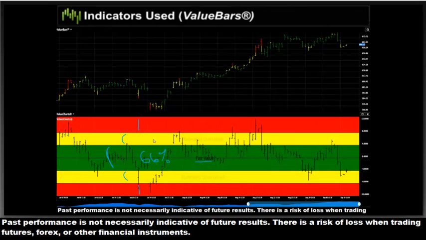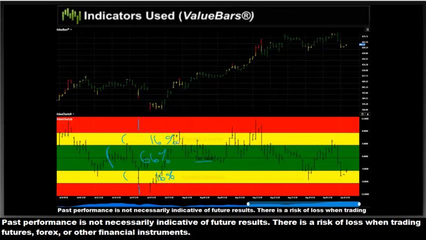Now, in the yellow value zones, up above here, in the moderately overvalued level, prices have been in this zone roughly 16% of the time. I apologize for my penmanship. It's hard to write with a mouse. And then concurrently, in the lower yellow value zone, prices are also in that zone roughly 16% of the time.